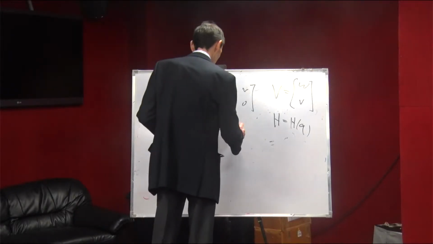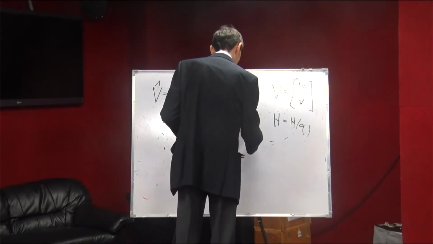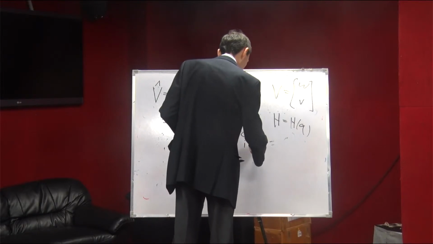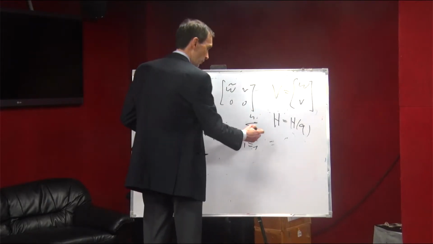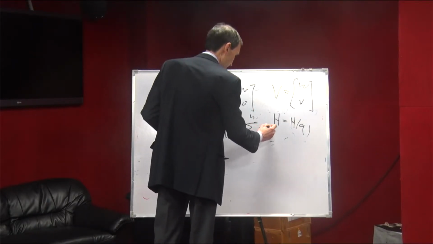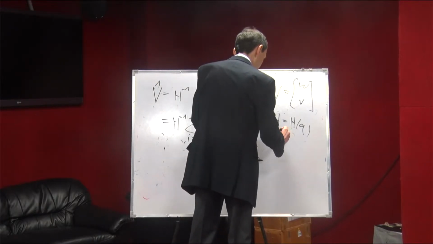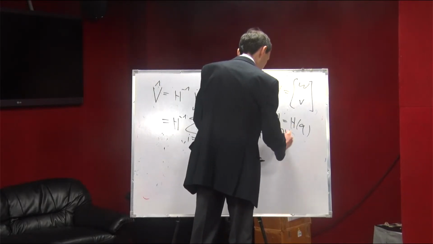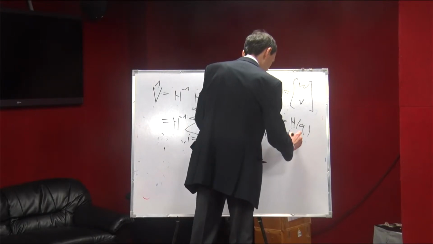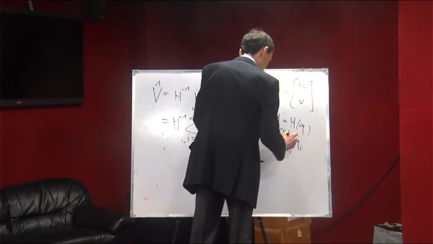I don't know if this makes a big difference, but we can write this by taking the H inverse into the sum. So we have the partial of H with respect to qi times qi dot.